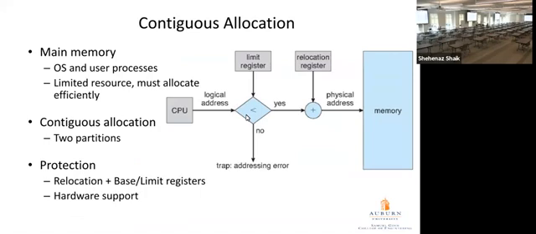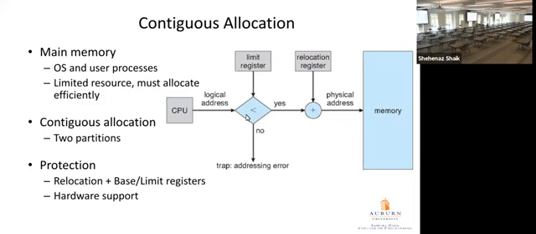Towards that, one approach is that we can partition the physical memory and allocate an entire chunk of memory to a particular process, such that all the logical addresses or the entire memory that is required for the particular process can be allocated from that particular physical memory chunk.